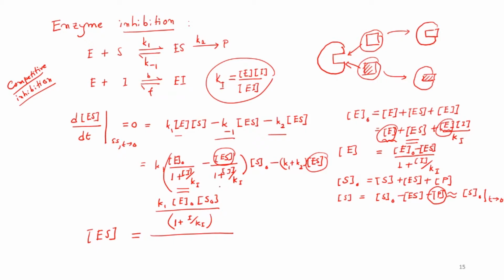You can see here, basically, ES is multiplied by 1 divided by 1 plus I, the concentration of I divided by Ki, plus K minus 1 plus K2.